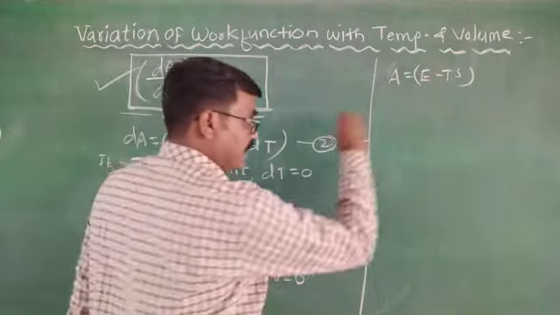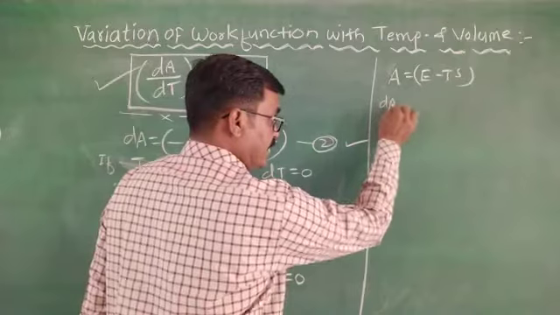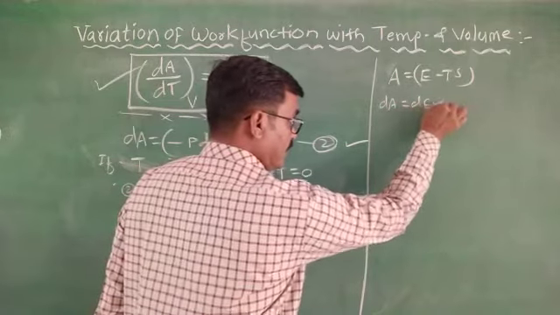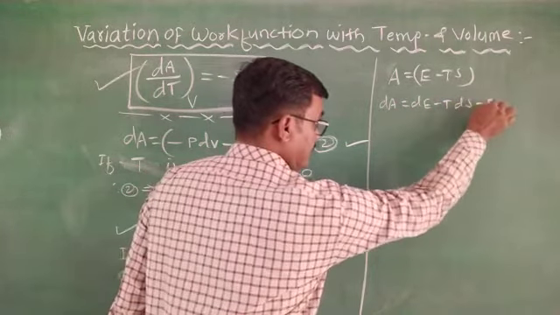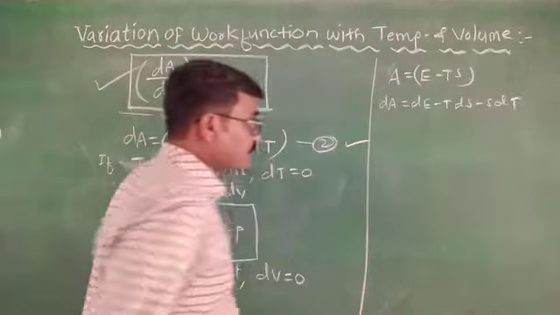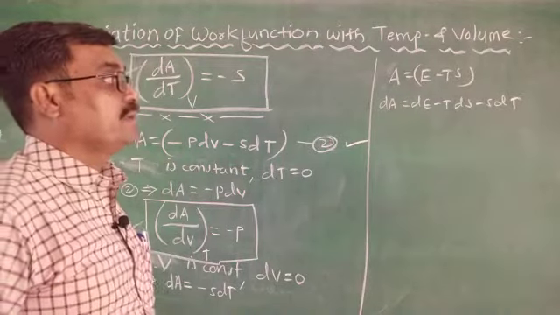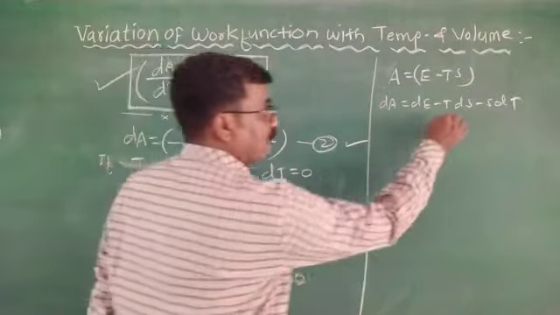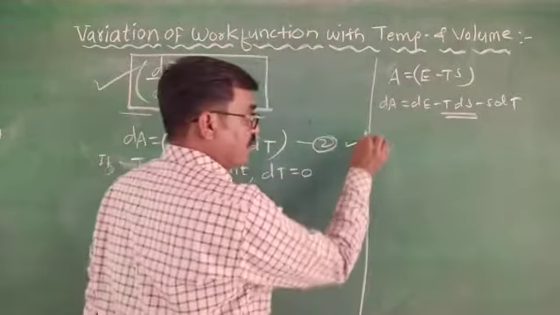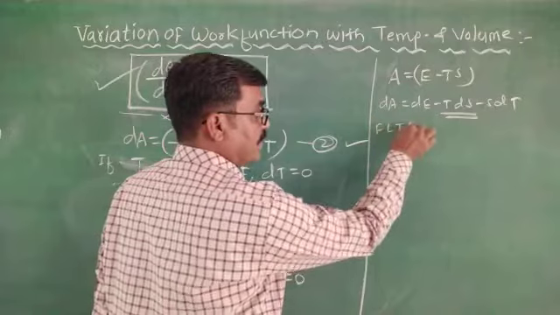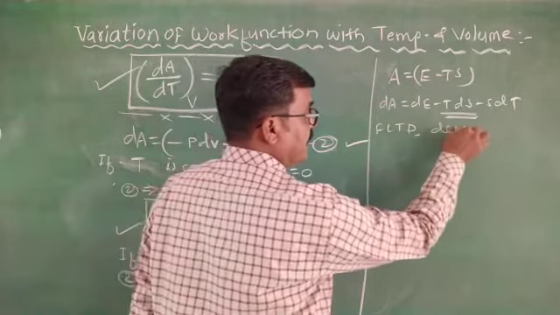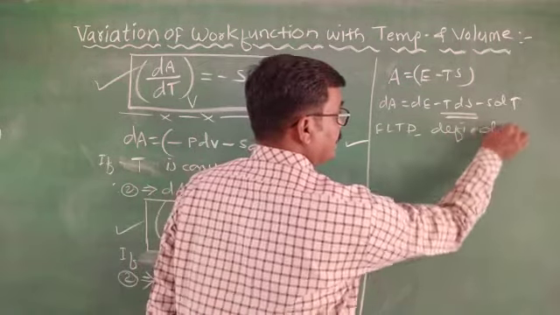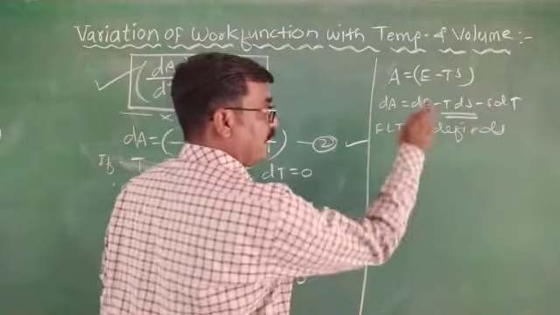Then differentiate on both sides: dA is equal to dE minus TdS minus S dT, using the U into V rule. Later calculate the value of TdS from the first law of thermodynamics and the definition of entropy change, and put it here.